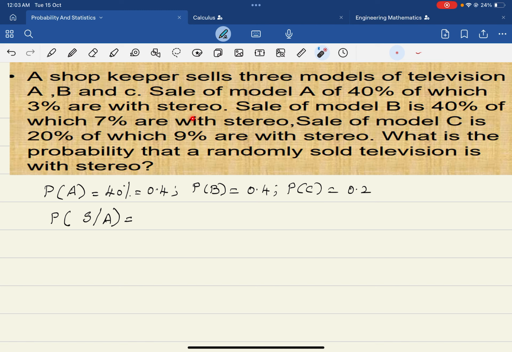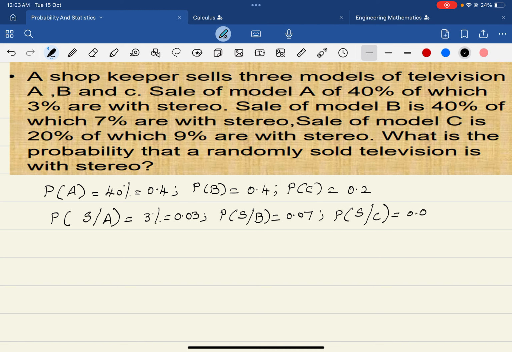Of which 3% are with stereo, so it is 3%, which means 0.03. Next, probability of the stereo given that it is from model B is given as 7%, so it is 0.07. Probability of the stereo with model C is given as 0.09. These are given to you.